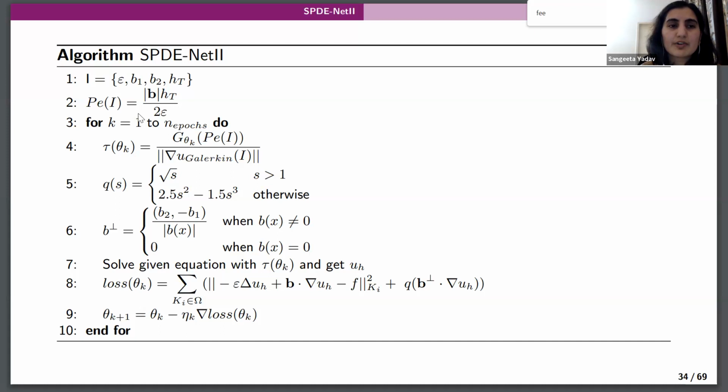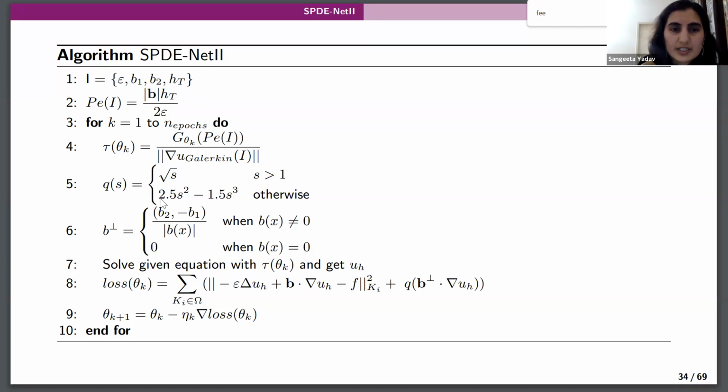Then we calculate the Peclet number for this input I, which is bh by twice epsilon, and then we substitute this Peclet number in the neural network G, and then the predicted tau is divided by the gradient of the Galerkin solution, because wherever there is a higher gradient, we assume that there is a probability of having a boundary layer or interior layers. So by dividing the predicted stabilization parameter by the gradient of u, which we call the gradient normalization, we obtain a local stabilization parameter for the problem.